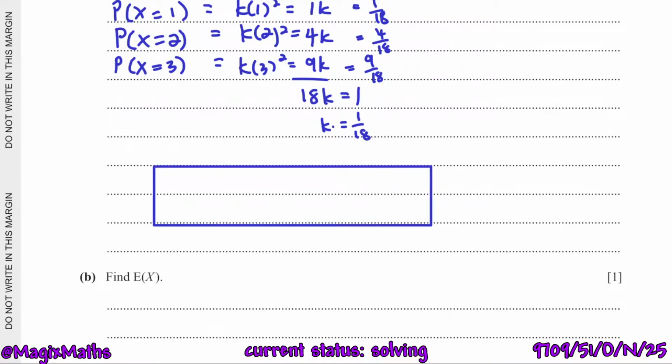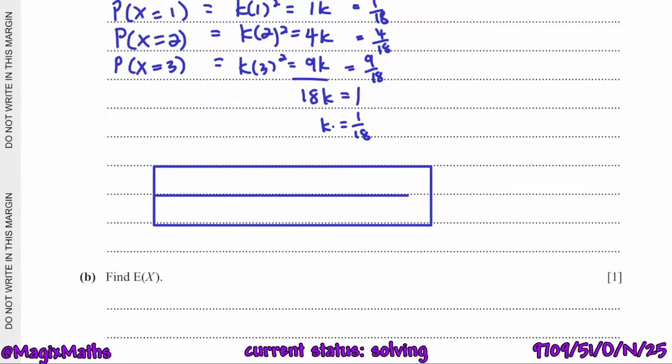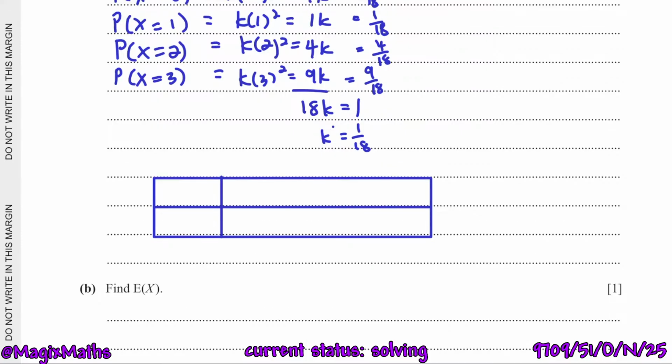I'm going to make it this shape and draw a line dividing. Then we have four different values.